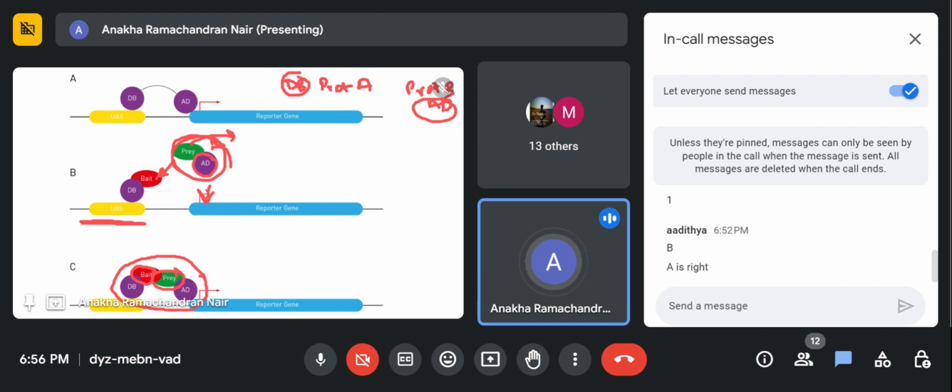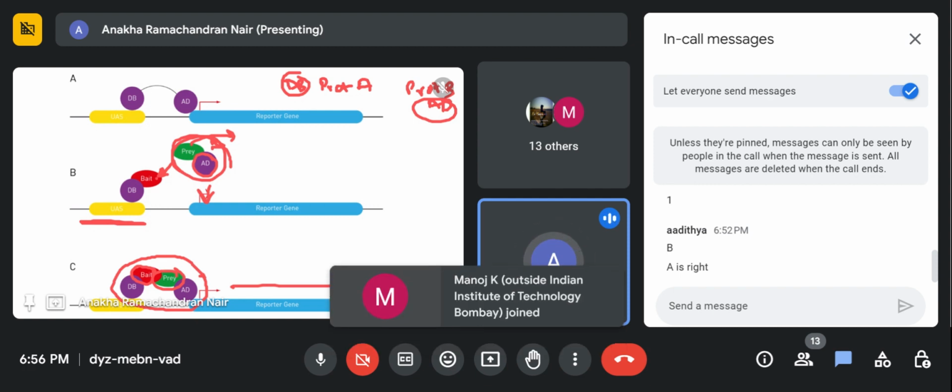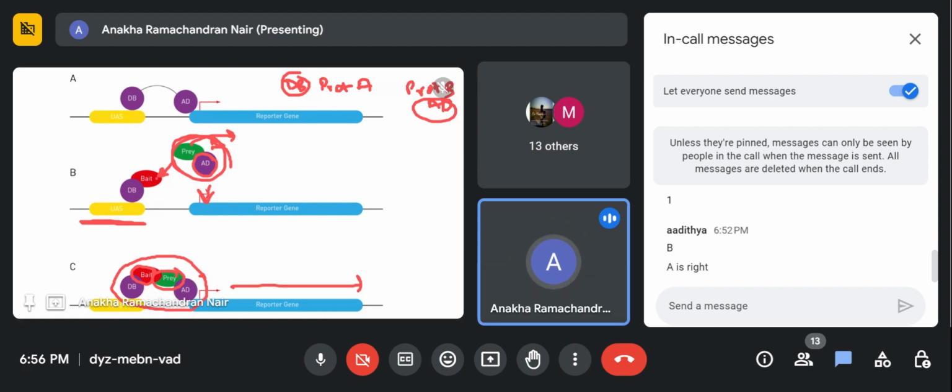So DNA binding and the activation will happen, and this reporter gene will be expressed. In that way you can figure out if two proteins, the bait and the prey, interact with each other or not. ChIP assay we had discussed a little bit earlier. RNA in situ hybridization we had discussed a little bit earlier, and the last one was yeast 1 hybrid assay.